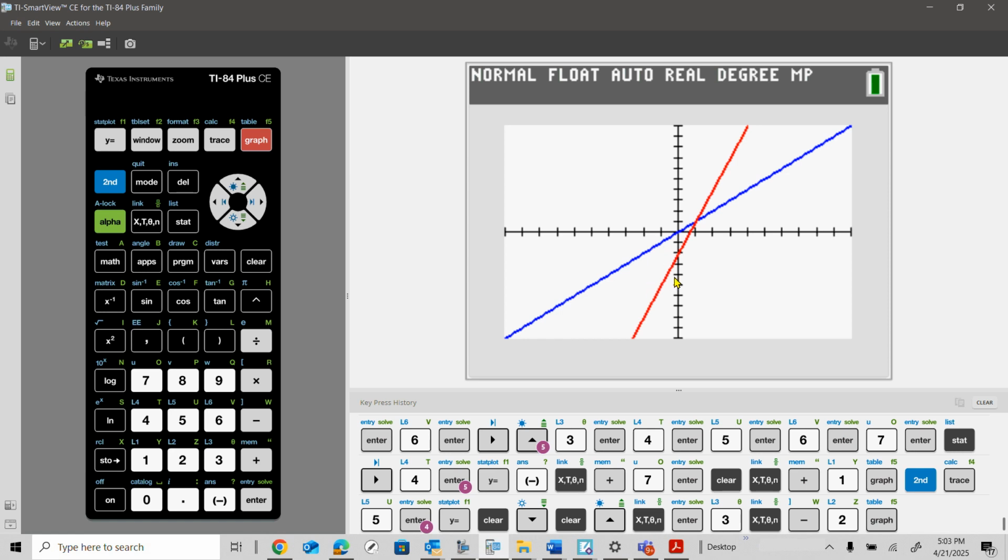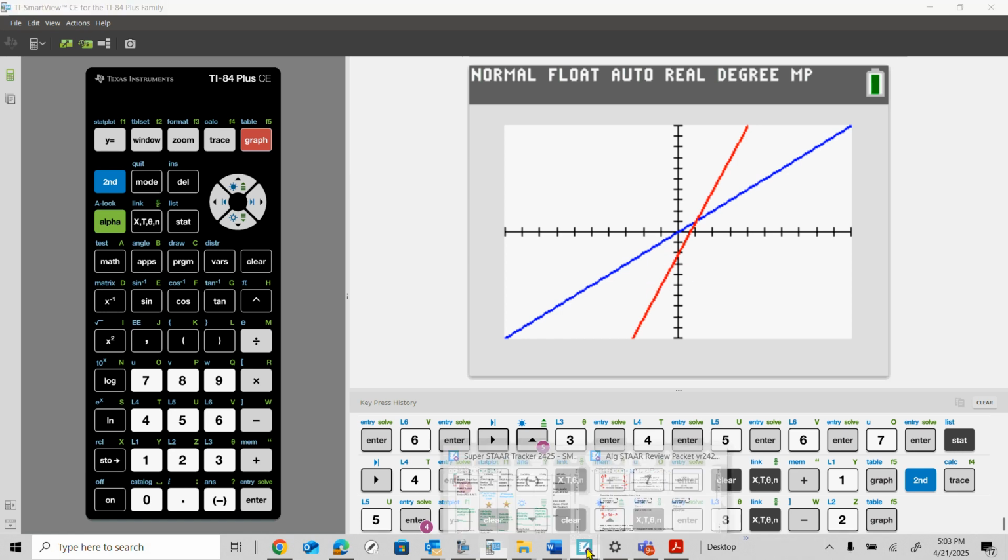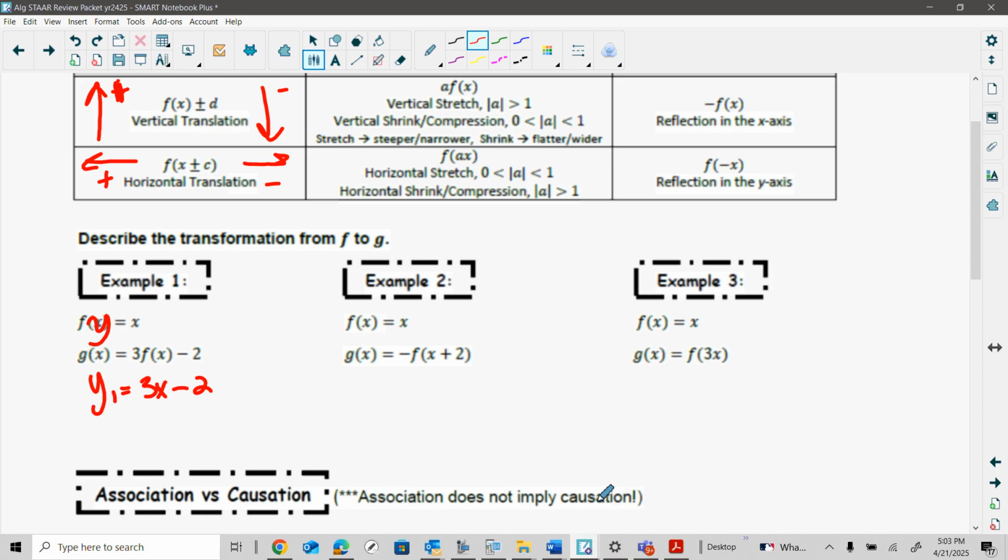So hopefully, if I go back, you'll see it if you didn't understand the parts. This original was our parent. And then our new one, right there, tells me something is going to stretch or become steeper. Because it's greater than 1, right there, we have a stretch.